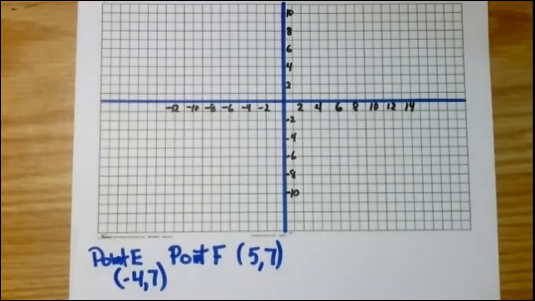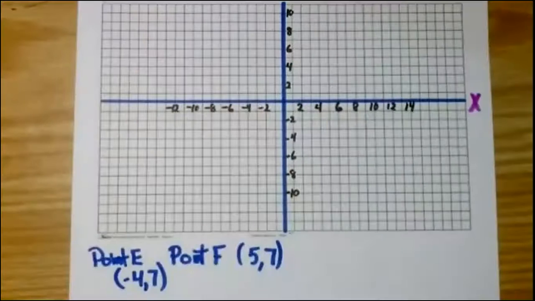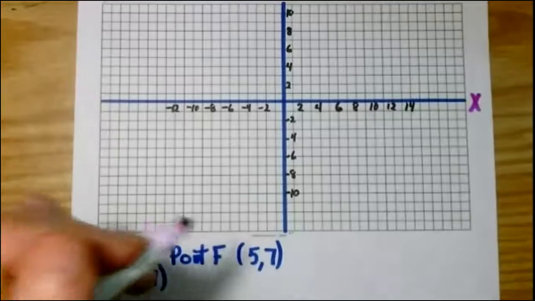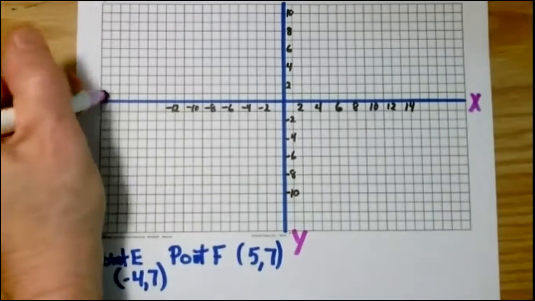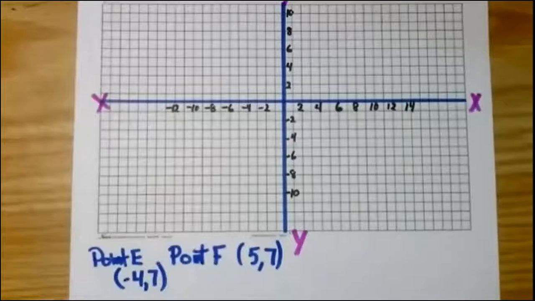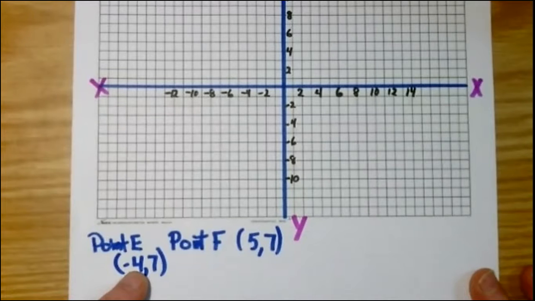You had your homework that you had to do for that. We have the X axis and we have the Y axis. Put X on this side, I'll put Y on top. So let's plot our 2 points. So let's plot point E, -4, 7. Remember that the -4 is the X coordinate.